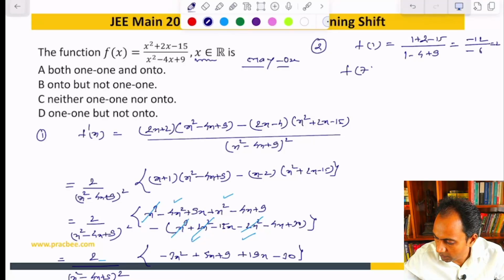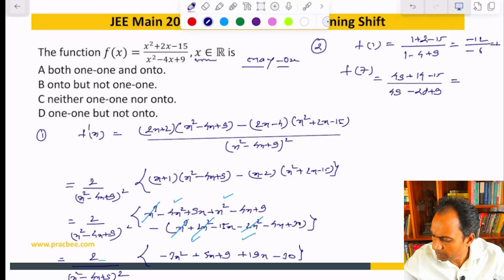Wherein if I figure out the value at 7, this will become 49 plus 14 minus 15 divided by 49 minus 28 plus 9. So this, if simplified, will become 48 in the numerator. 28 if I subtract, so this will become 21 plus 9, 30.